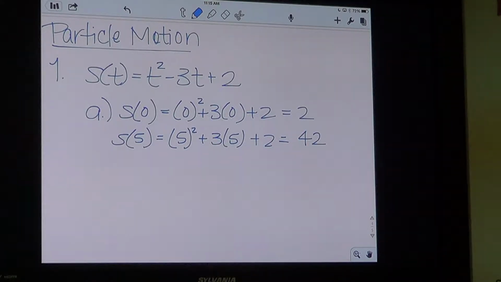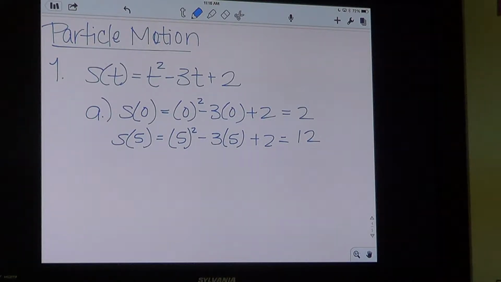So what is the displacement? Oh, I wrote that down wrong. So it's 25 minus 15 plus 2, so that would be 12. My bad. Thank you, Skylar.